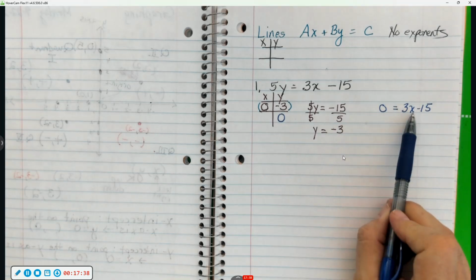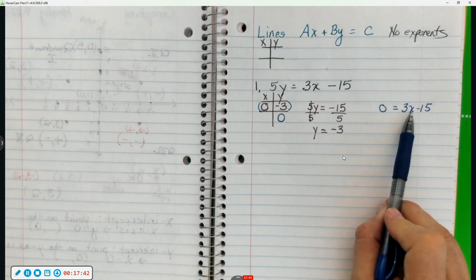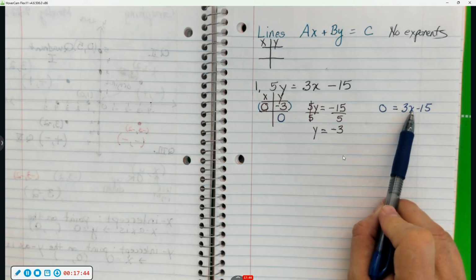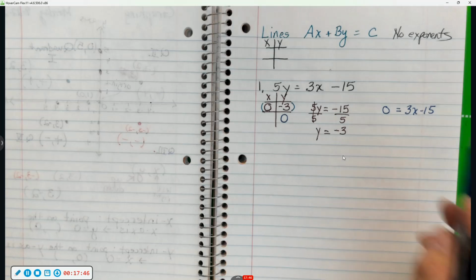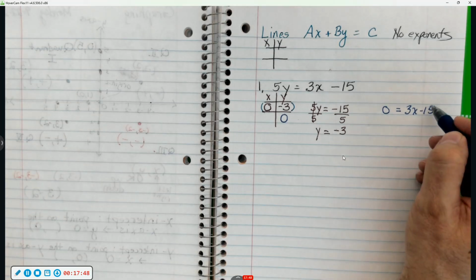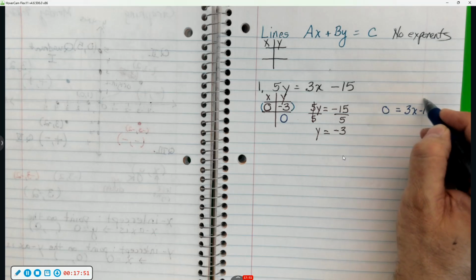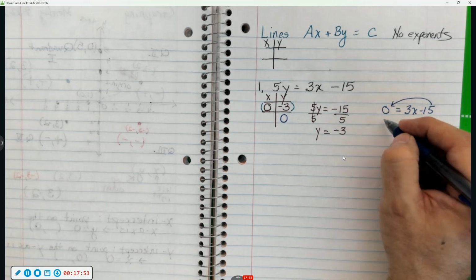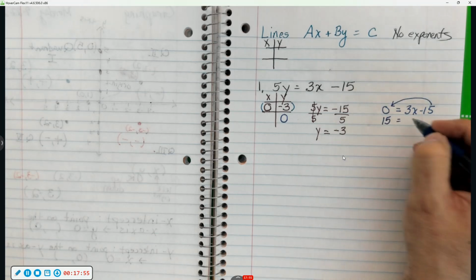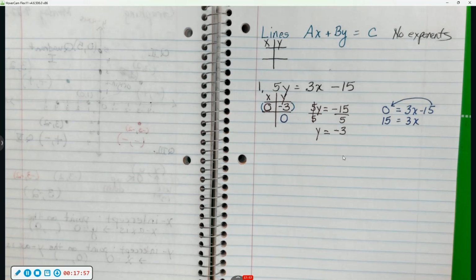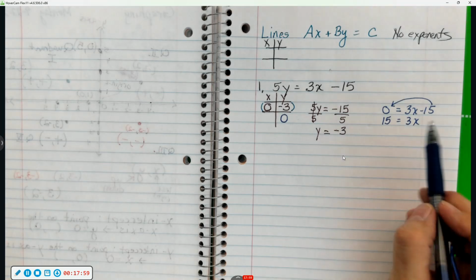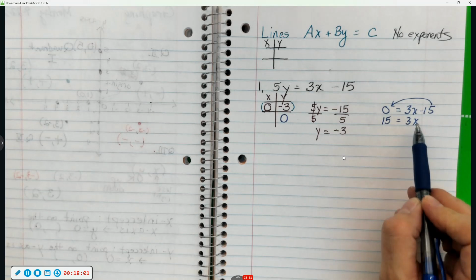Now we need to figure out x. How would I isolate x? What would I do to get the x by itself? Add the 15. Is that what I heard? Add 15. And then what? How do I get the x by itself now?